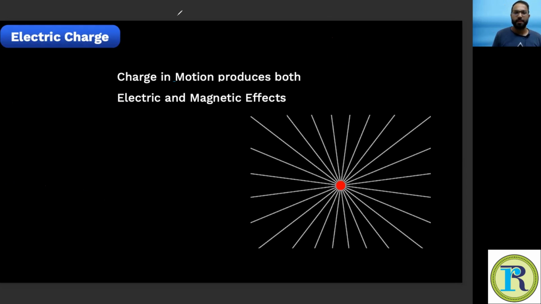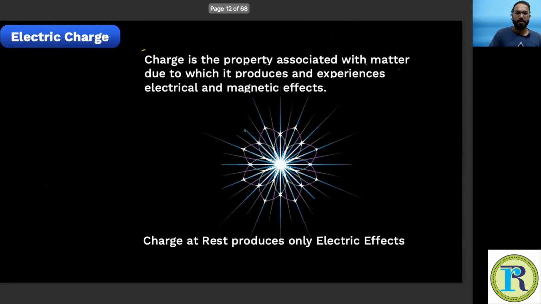So the first property was: when a charge is at rest, it will produce an electric effect. These are very, very important topics, because after this chapter, electrostatics, we will cover the second chapter, electricity, then we will cover magnetic field.